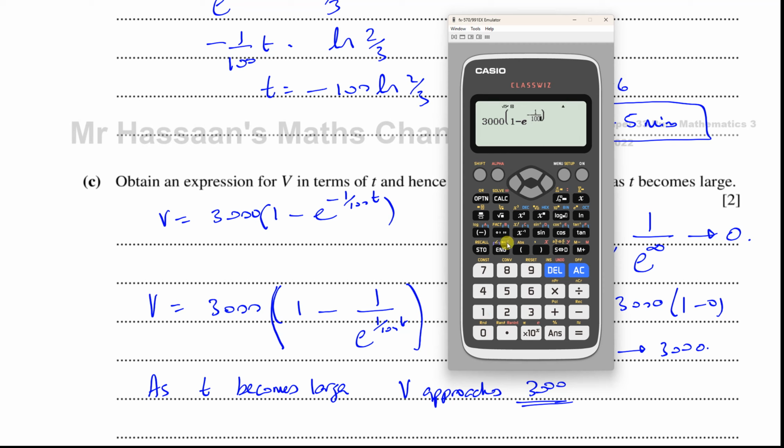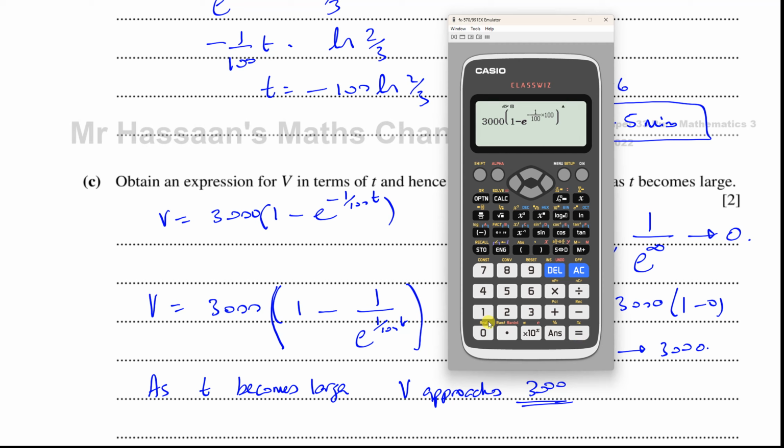So 1 over 100, and then I'm going to multiply that by a very large number. So times, for example, let me put it as 100. Oh, it says syntax error. What have I done wrong? Sorry, I've done something wrong here. There, that needs a big bracket. Now, if I put that as 100, I get something which is 1,896.